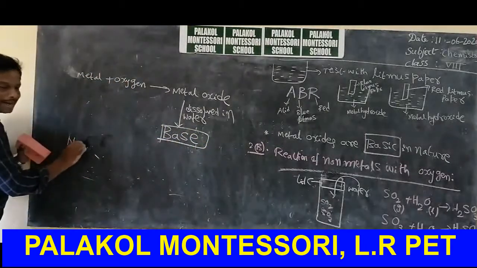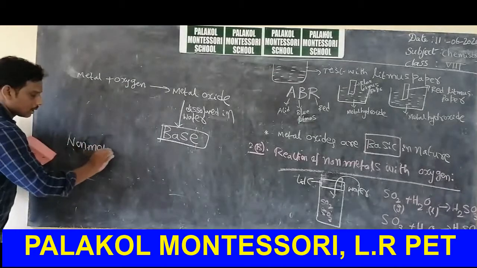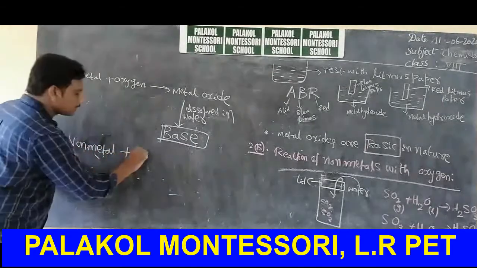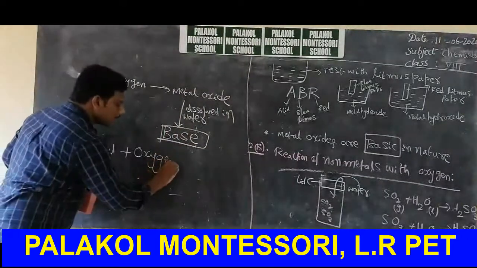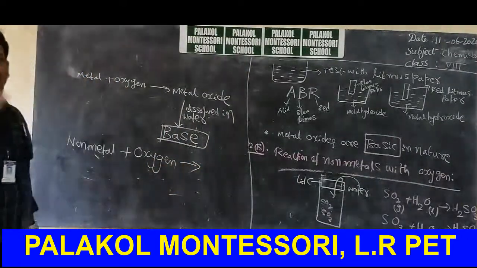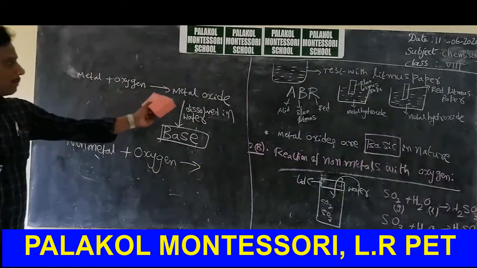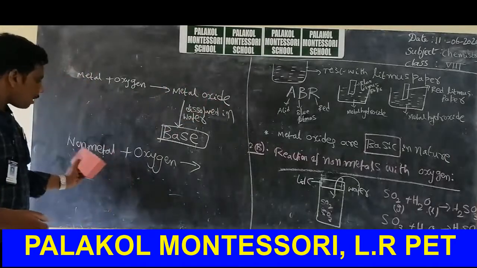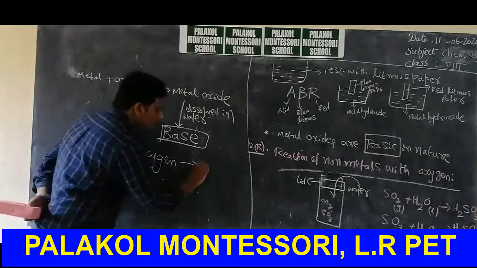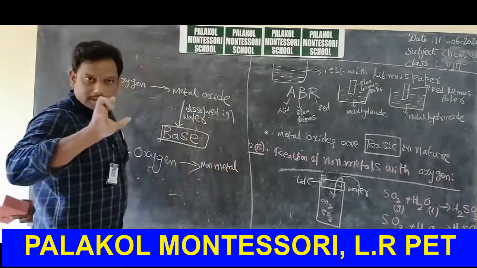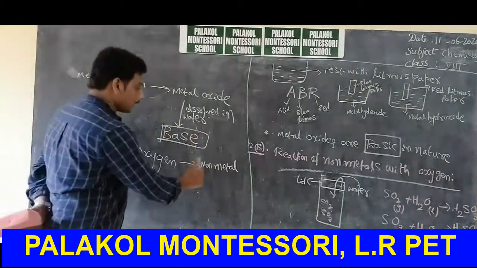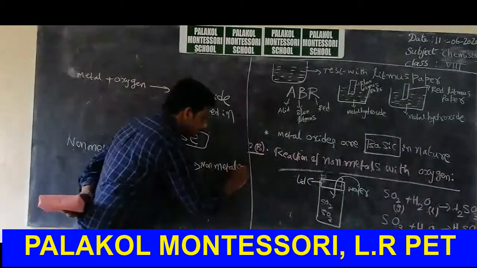When a non-metal reacts with oxygen, it produces non-metal oxide. Metal plus oxygen gives metal oxide. Non-metal plus oxygen produces non-metal oxide, not non-metal oxygen, not metal oxygen, non-metal oxide.